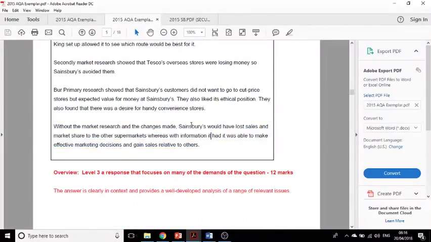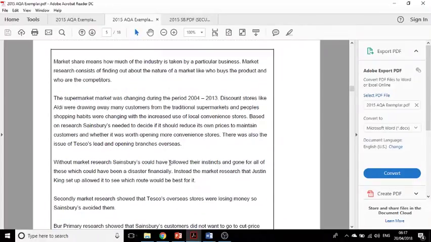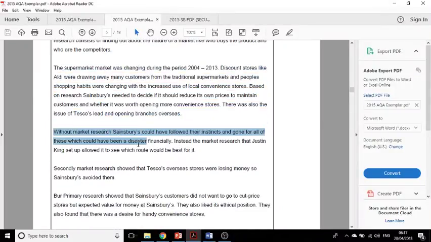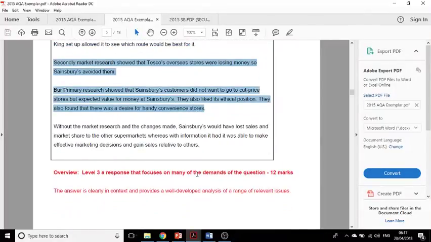This final paragraph here is key because it links the market research to market share and clearly links those two bits using the evidence. So this answer is built up by combining the application, linking to the market research. What else did we find out from the market research?